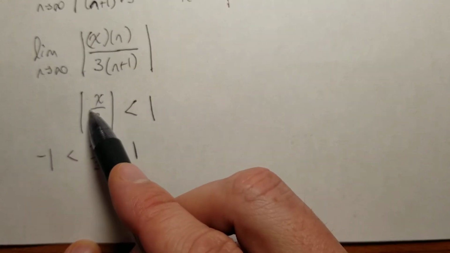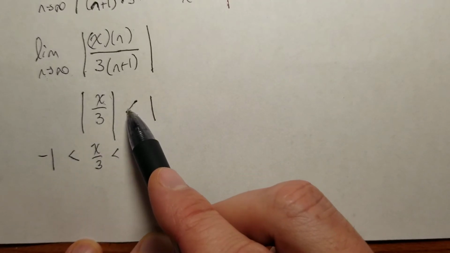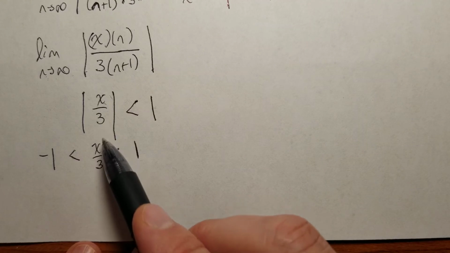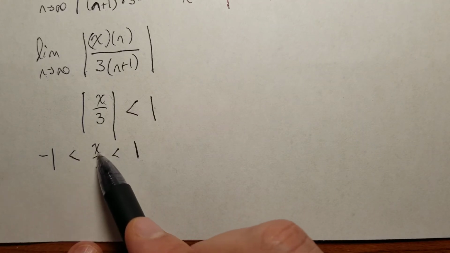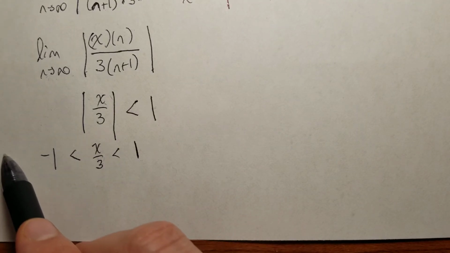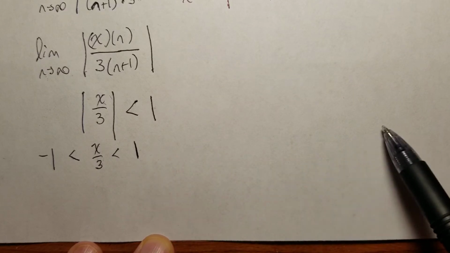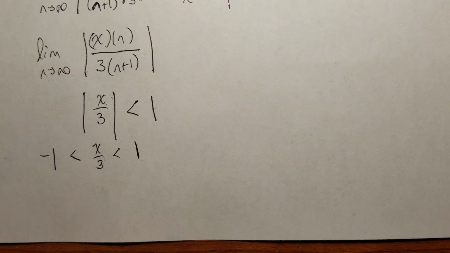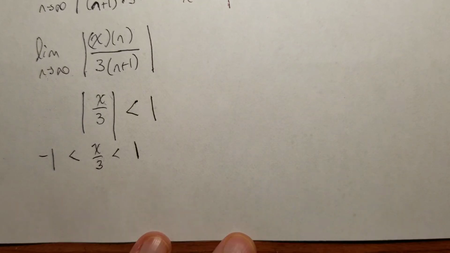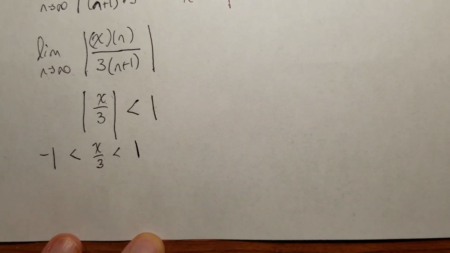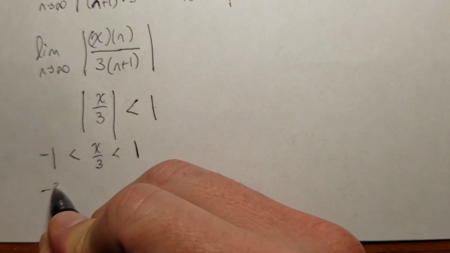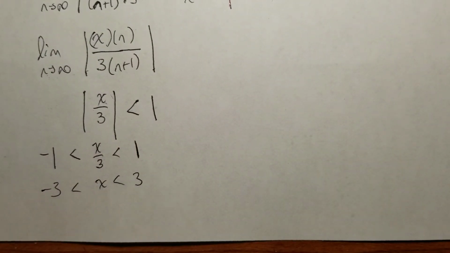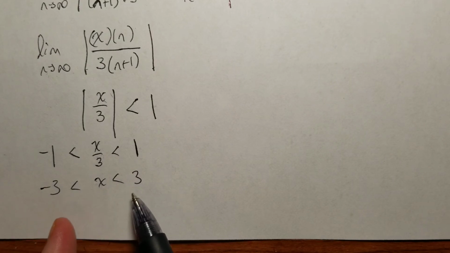And again, that's because our value over here is less than 1, right? If the inequality sign was flipped, this would be less than the smaller value and then greater than the bigger value, right? And we'd put that big old or in between them. But we get an extended inequality here, which if we multiply by 3, we can get our interval where this series is going to converge, or the beginnings of our interval.